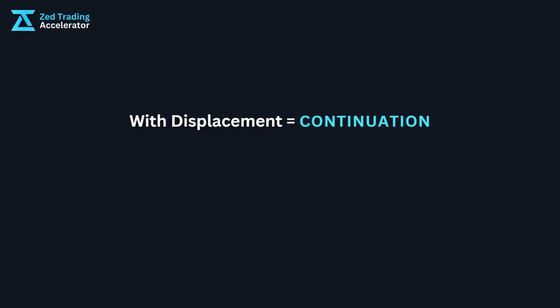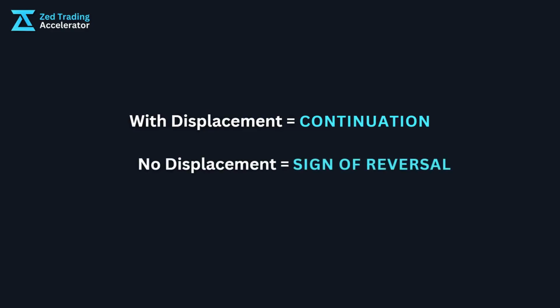This happens for both market structure shift and break of structure. As we know, with break of structure, the price displaced in that direction. The same with market structure shift. No displacement equals a sign of reversal. This applies to liquidity grab, all right?